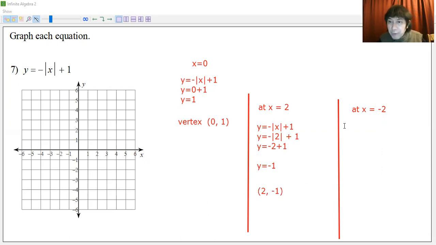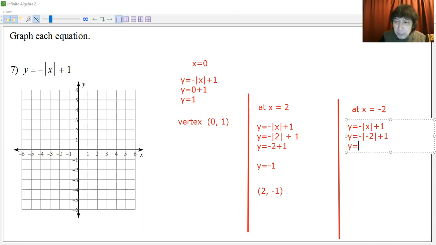And we shall compute our third point. This will be y is equal to negative absolute of x plus 1. This is negative of absolute of negative 2 plus 1. And this will still be a negative 2.